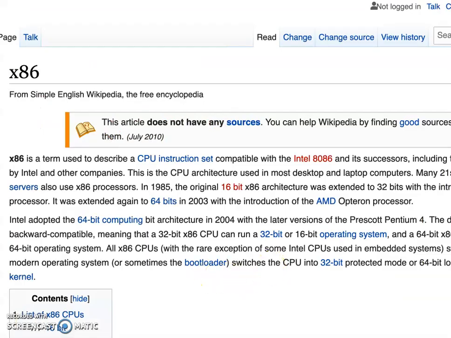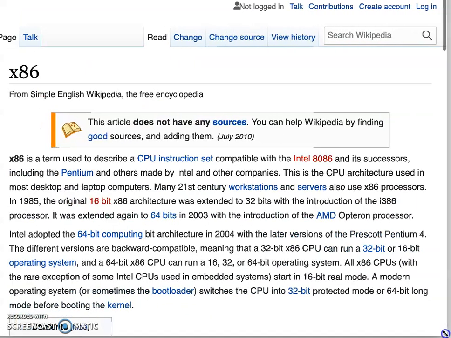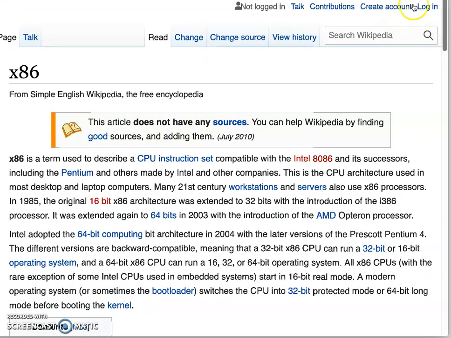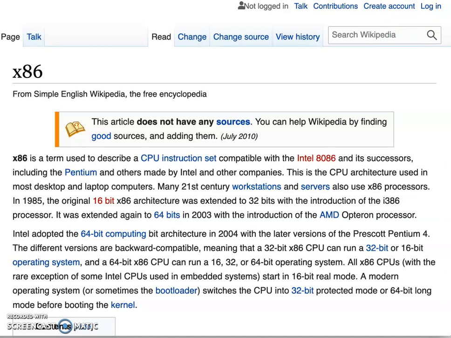If we go over to see x86 on Wikipedia, x86 is actually just a term used to describe a CPU instruction set compatible with the Intel 8086. That is actually a big whole family, starting from 16-bit to 32-bit and 64-bit environments.